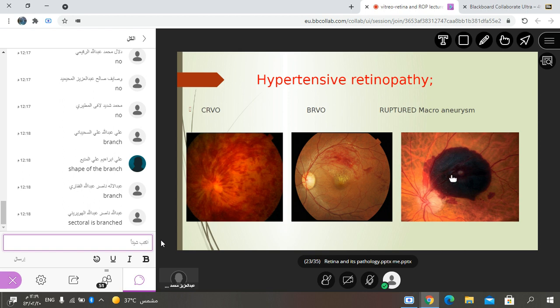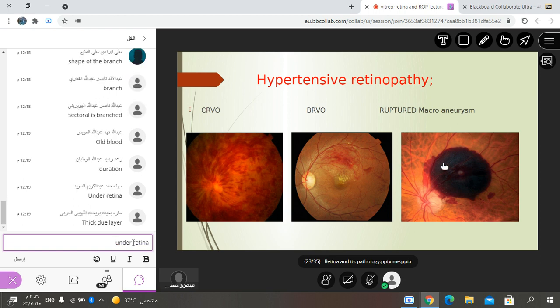Why is this one jet black and this one reddish at the same timing? What is the difference? And why here is just a reddish area? That's why I said it is in the same timing, and that's why I said it's a multi-layered hemorrhage.